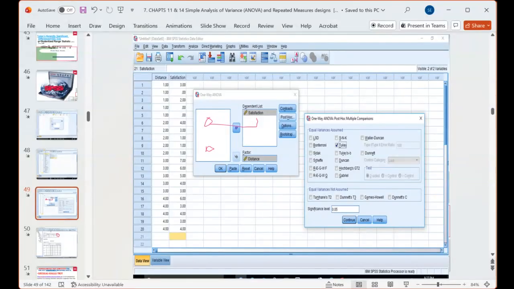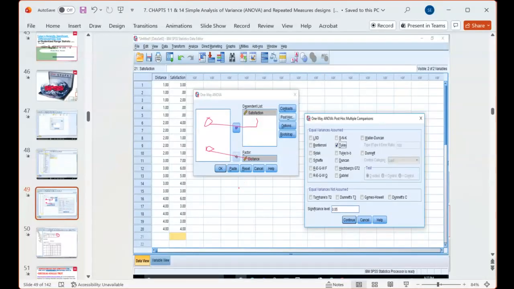And the distance here, click on it, drag and paste it, and bring it here, or highlight it, click on the arrow. Click on distance.